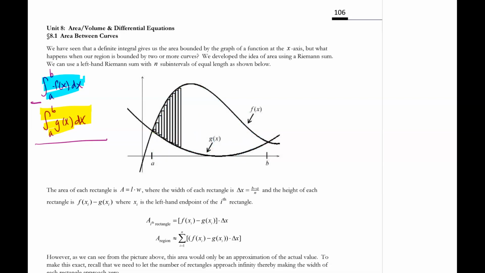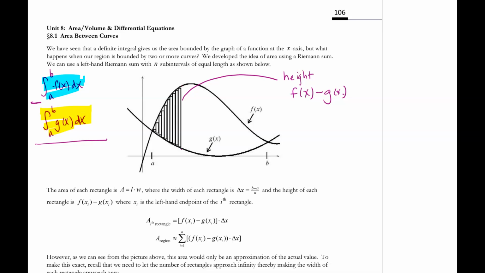So we could think of it as just subtracting those two, or what we could think of instead, I'm going to erase that highlighting, is that the height of each of these rectangles is just the f value, the height of the function f at this particular value of x, minus the g value. So top minus bottom gives us the height.